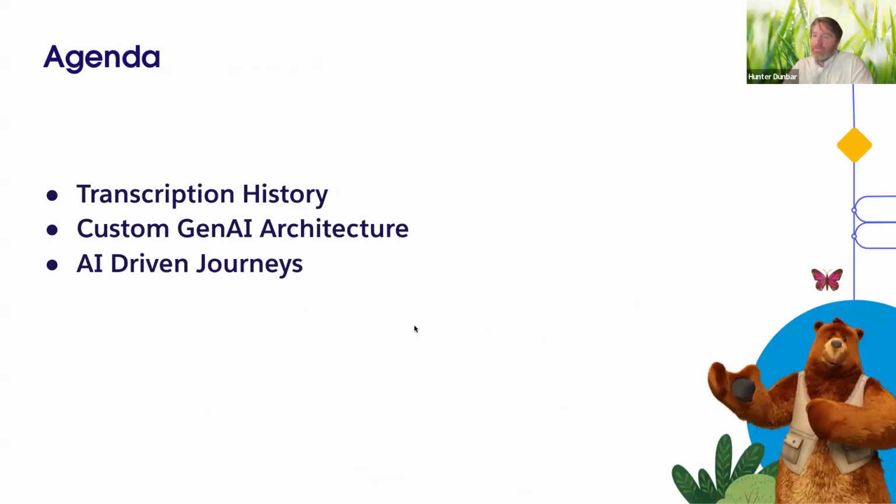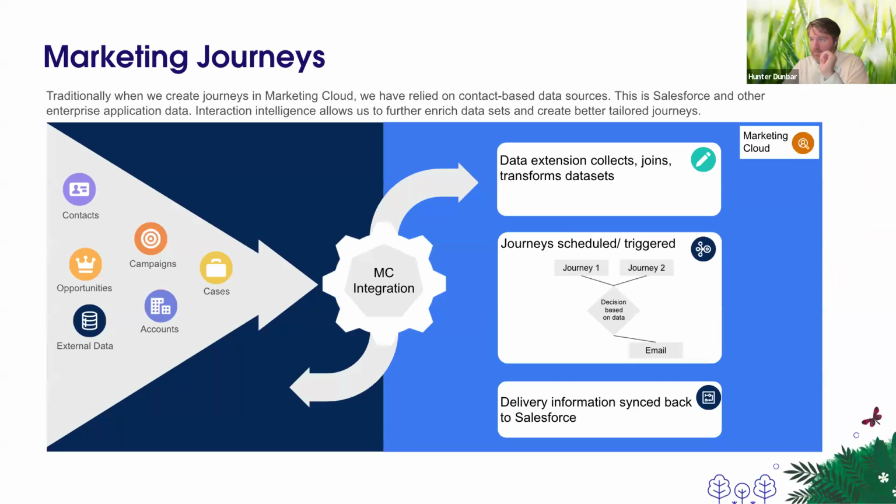So we'll talk a little bit about some of the new sources of data that can be unlocked today through use of generative AI. And then we're going to talk about some of the ways that those can be integrated into a Marketing Cloud workflow. So here's a traditional Marketing Cloud journey flow. We have data sources on the left, which can be your classic Salesforce objects: contacts, campaigns, cases, accounts, opportunities.